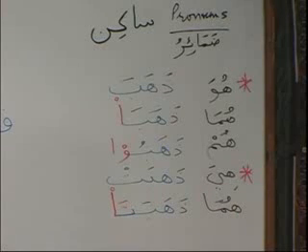Sakin and mutaharrik: mutaharrik means it has got a proper vowel sign on it. That is the difference. So whenever there is a fa'il in the verb, which is a damir, if it has got a harakat, then the lam kalima will have a sukoon.